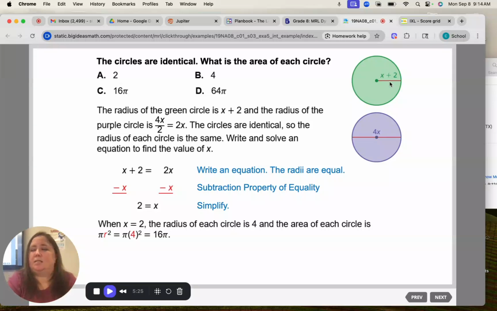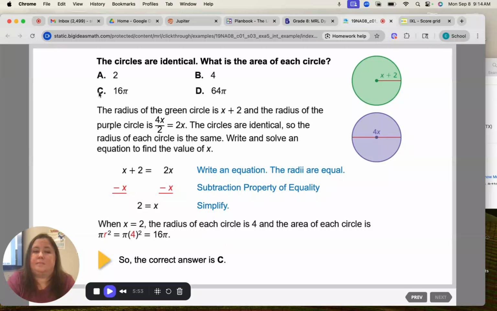X equals 2. We solved it right here. So 2 plus 2 is 4. So the radius of this circle is 4. So we can plug that in here. Pi times 4 squared. So what's 4 squared? 16. So you could just say 16 pi.